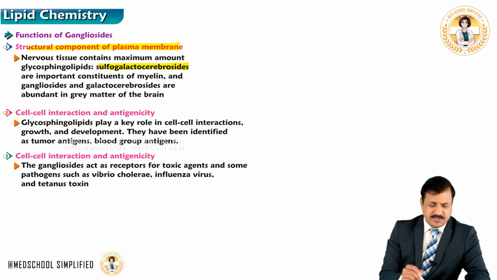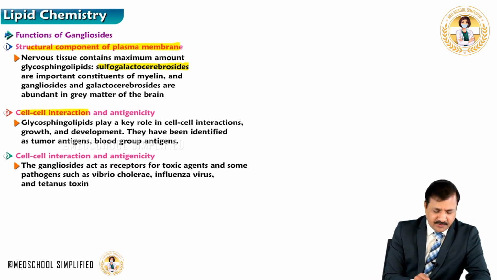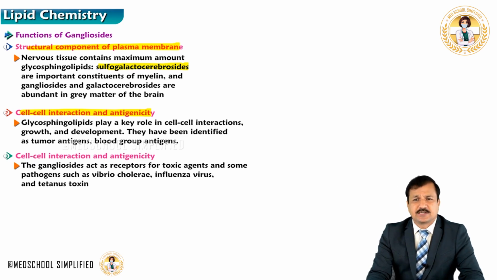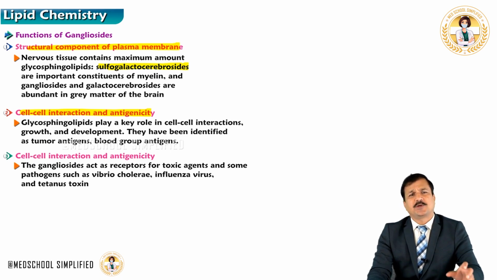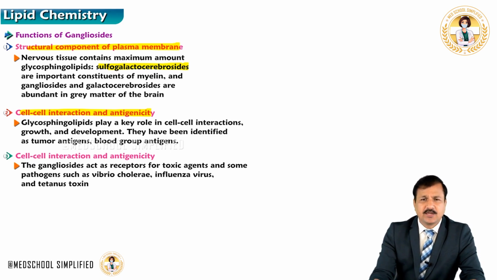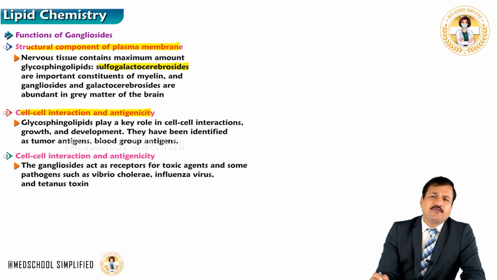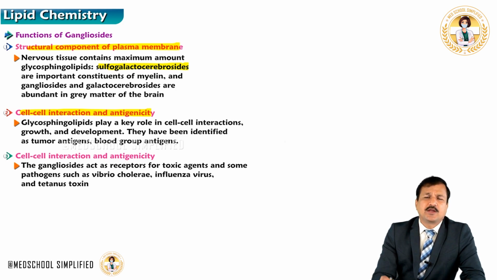Now the second function of gangliosides is that they function in cell-cell interaction and antigenicity. The glycosphingolipids play a key role in cell-cell interaction, growth and development. They have been identified as tumor antigens, blood group antigens and embryonic antigens specific for particular stages of fetal development. That's where glycosphingolipids come in.